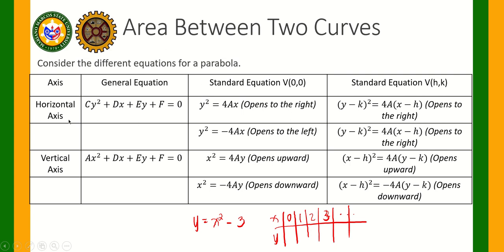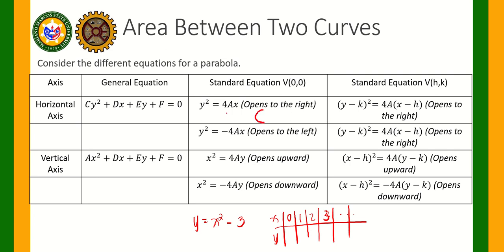For a horizontal axis, we have a general equation of cy squared plus dx plus ey plus f equal to 0. For standard equation naman, considering the vertex is at 0, 0 or nasa origin, if our equation is y squared equal to 4ax, the parabola opens to the right.